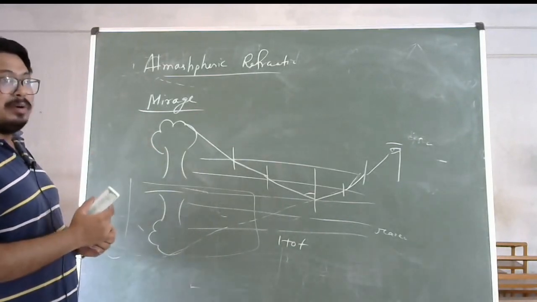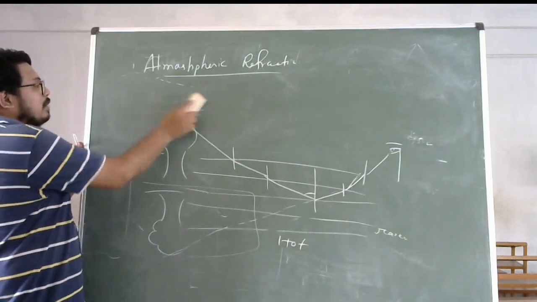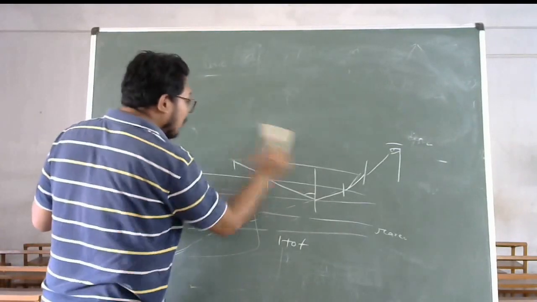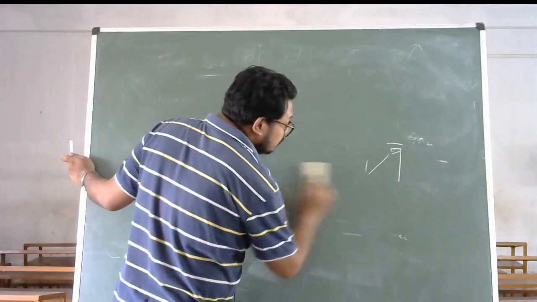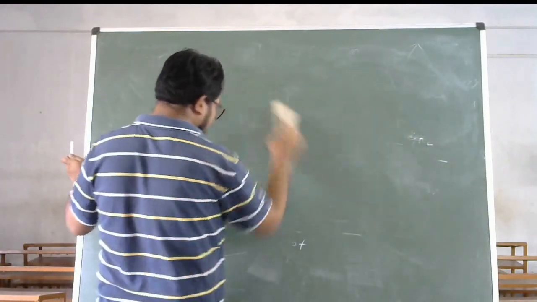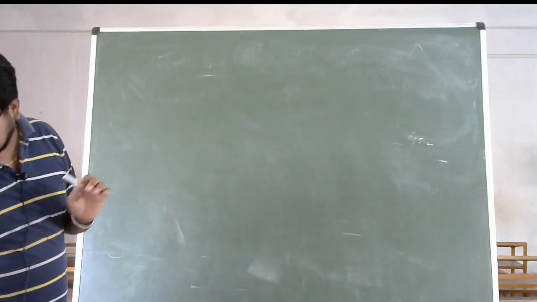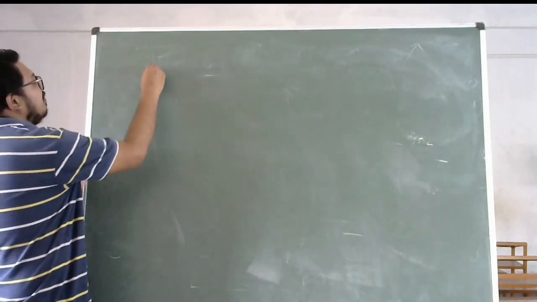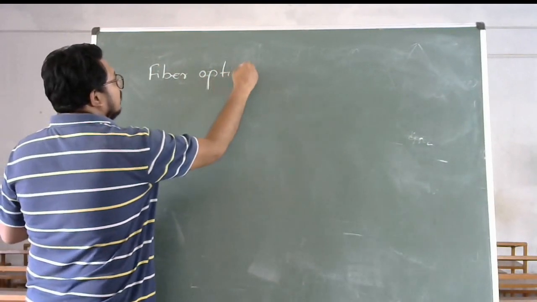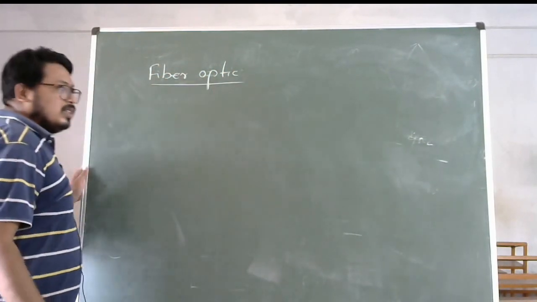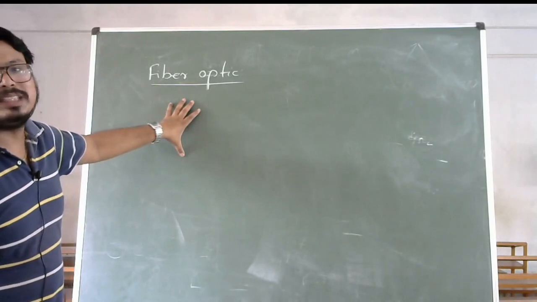Next, nowadays, one important topic is there, that means application of total internal reflection. One network or transmission system is called fiber optics or optical fiber. This is used for transmitting data.